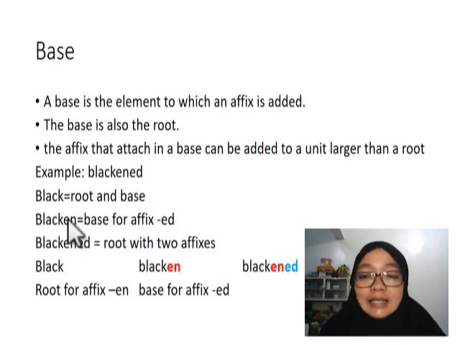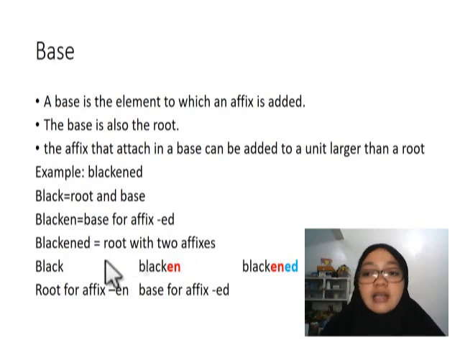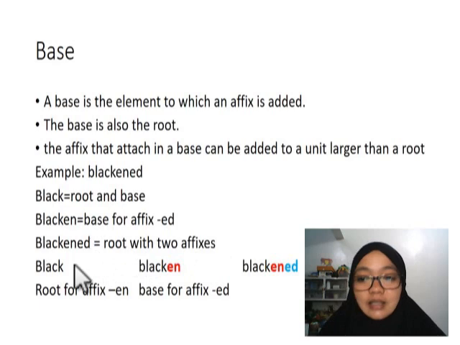So blackened is root with two affixes: en and ed. Black is the root for the affix en because it can be added with en. And then blacken is the base for the affix ed.